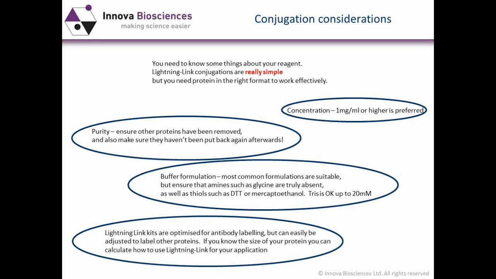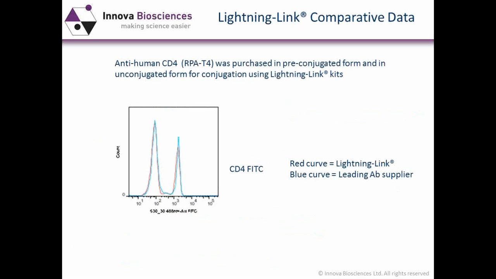As I mentioned before, it's possible to use Lightning-Link with antibodies, but also with some other proteins. I do have just a couple of examples of how Lightning-Link works and how it compares to commercially available antibodies.